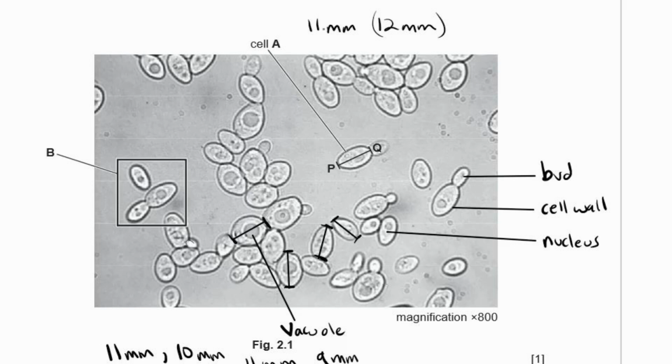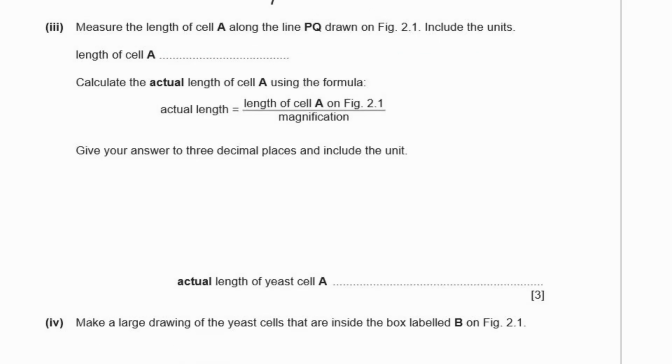But that's okay. It actually says 12 millimeters plus or minus a millimeter, so that you have even a little bit of leeway there. So I'm just going to use 11 millimeters for my calculation later on, but you could easily use 12 when you're practicing. So we measured cell A as 11 millimeters.